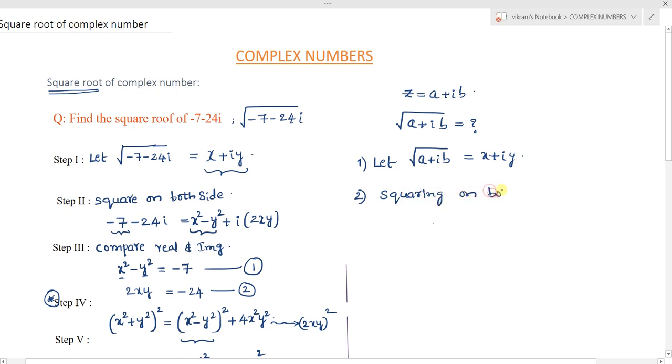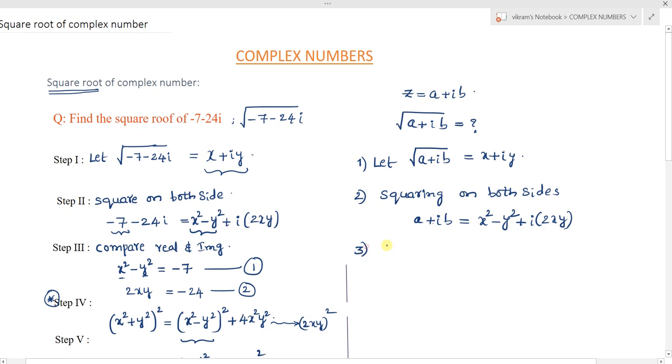Then what will we get on squaring both sides? a plus ib equals x squared minus y squared plus iota times 2xy.